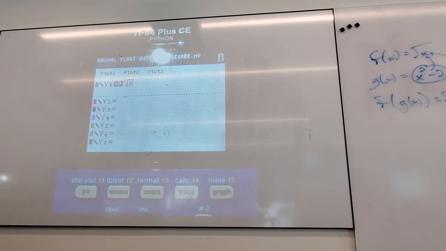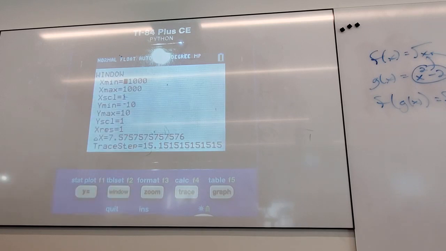So if I put in here, what was it again? 1 over x squared? Yeah, 1 divided by x squared. And I want to change the window.